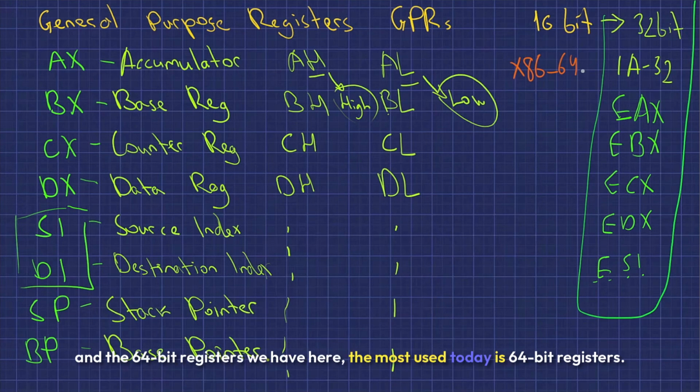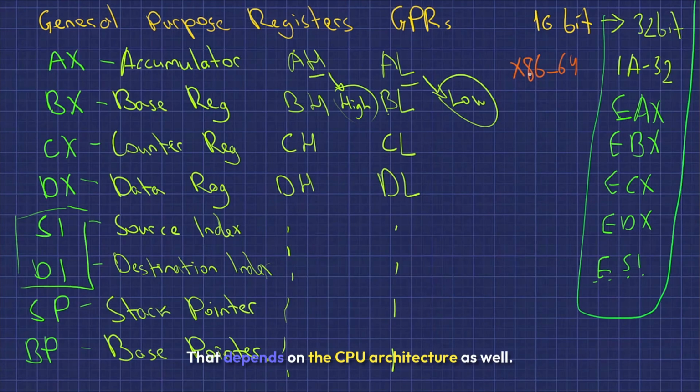The most used today are the 64-bit registers, but it depends on the CPU architecture as well.